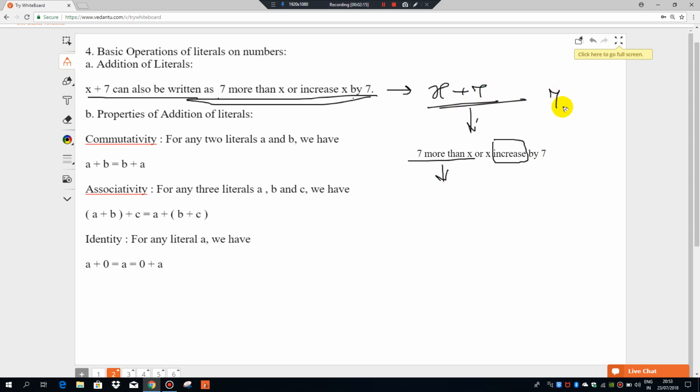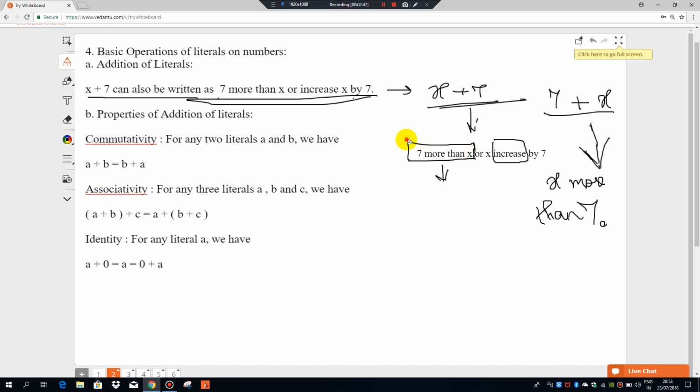Like if 7 plus x is there, in 7 plus x we read x more than 7. But in x plus 7, we read 7 more than x, which is reverse.